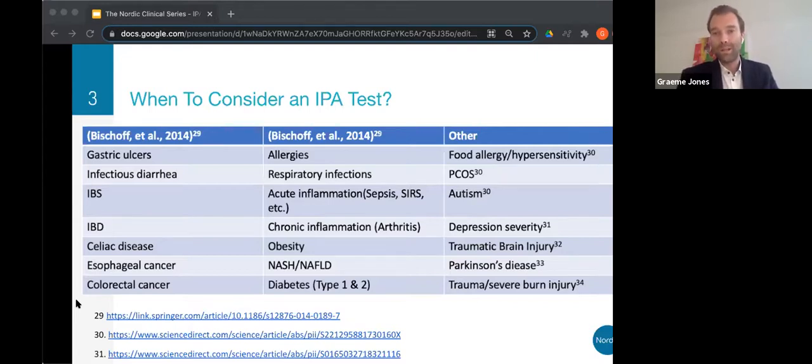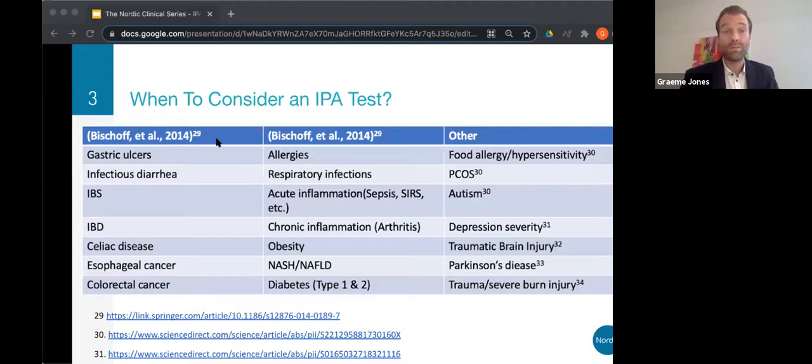Clinically, I've been using this test more in monitoring situations, not just to give a diagnosis of hyperpermeability, or what's been known as leaky gut.